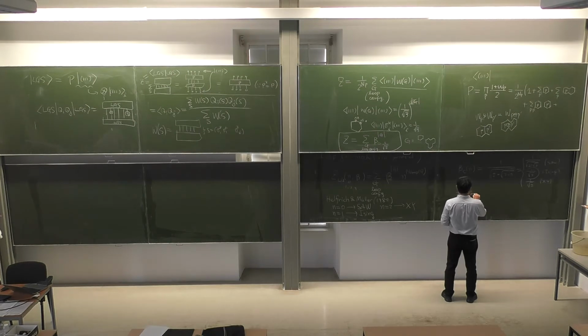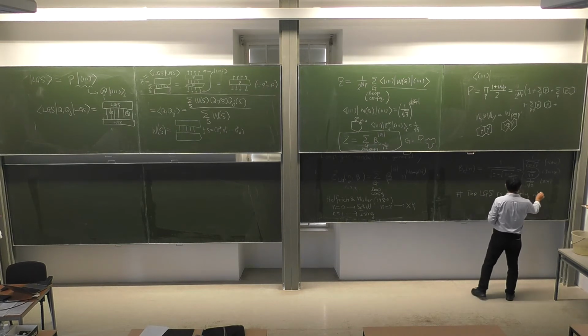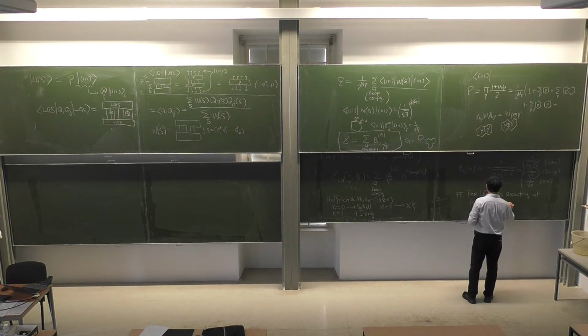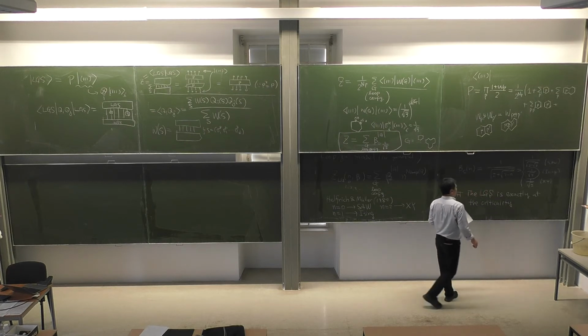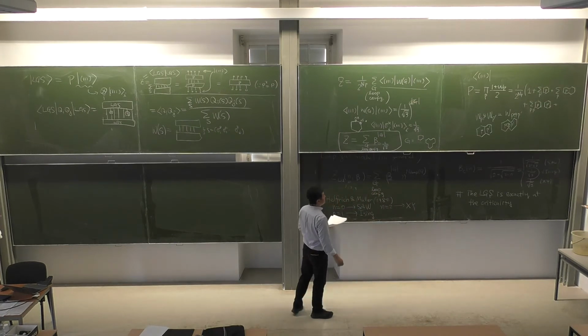The loop gas state is exactly at the criticality, which is governed by the 2D Ising CFT.